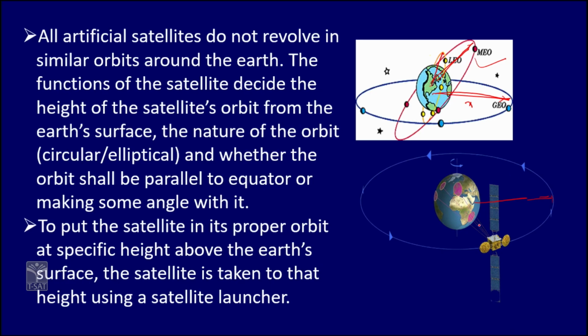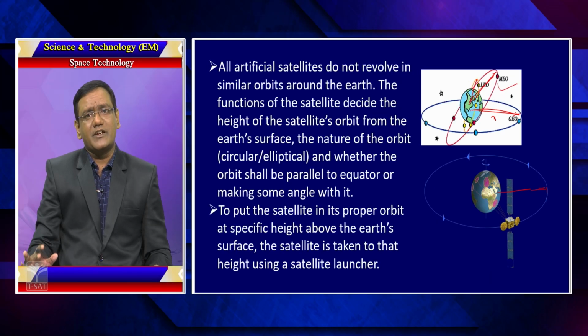In order to do that, we use a satellite launcher. A satellite launcher is something like a car that takes us from one place to another. Like that, the launcher will take the satellite and keep it there, and it will come back or we will destroy the launcher there itself.